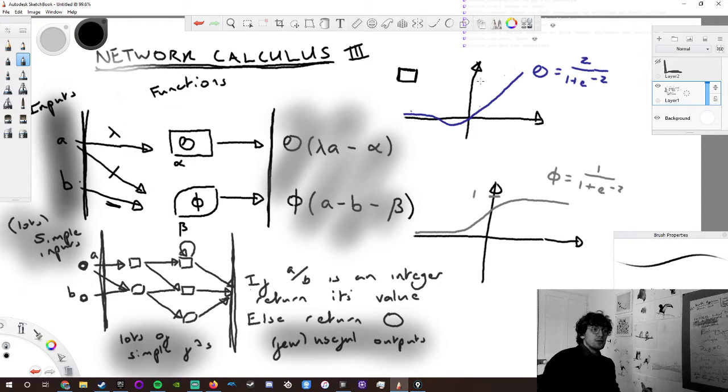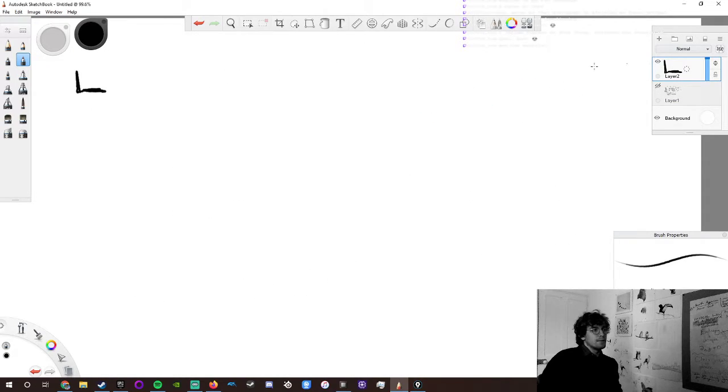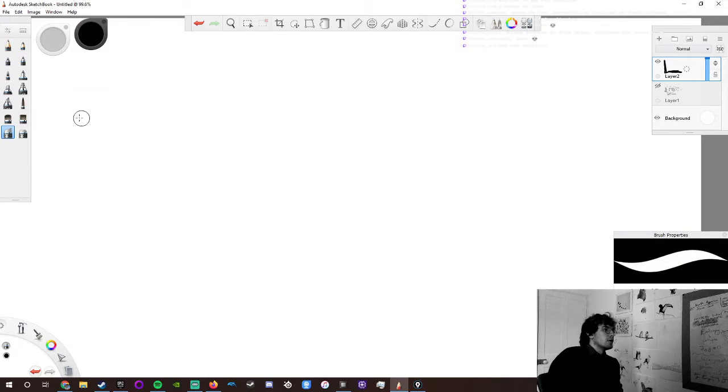We're going to assume it's always this form when it's a square box, and we're going to put alpha in the box. A curved side box is always going to be a sigmoid, and we're going to put beta in the box. Let's take the time to map that out really clearly. No, that's clear enough. Let's start making some functions.